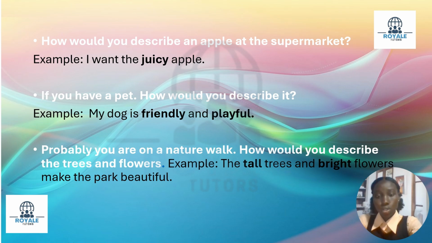It's telling us more about the noun dog. If you want to use a color to describe your dog, you can as well use brown. Oh, I have a brown dog. So you can use different adjectives. You can talk of the size, the color, you can talk of the kind to describe the nouns.